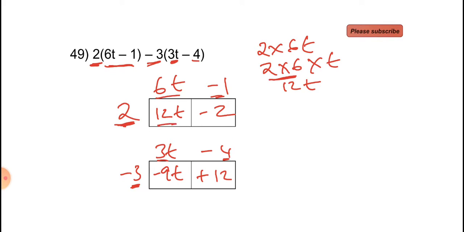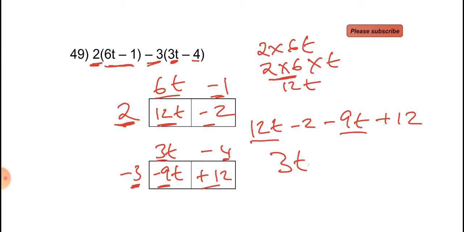Now collecting the terms, I've got 12t here, minus 2 here, and then minus 9t here, and plus 12. So now collecting the like terms, I've got 12t minus 9t, which is 3t. Then I've got minus 2 add 12, which is plus 10. So the final answer is 3t plus 10.